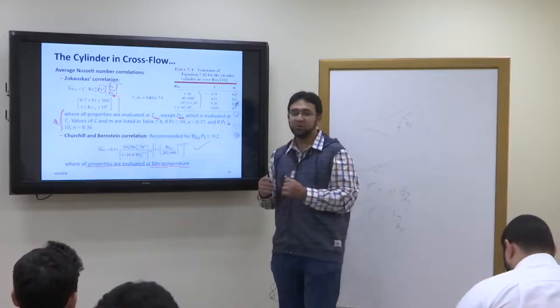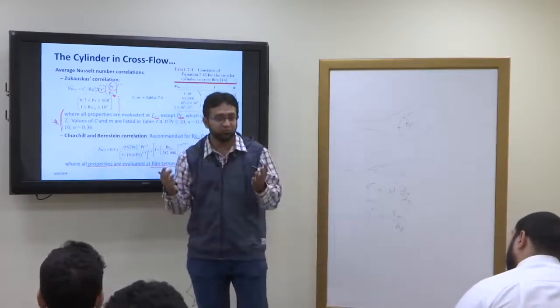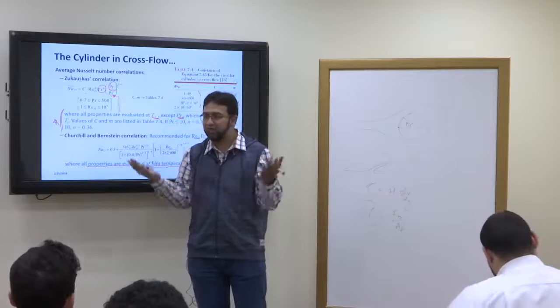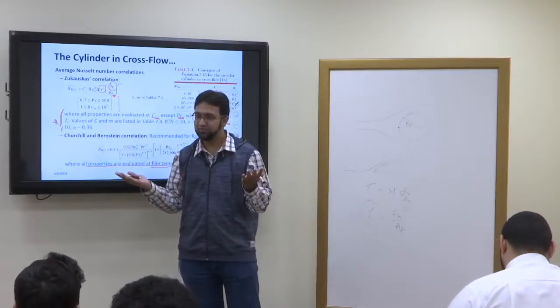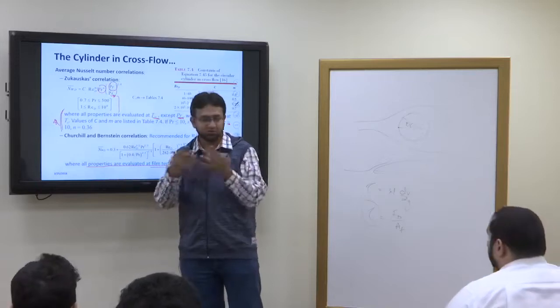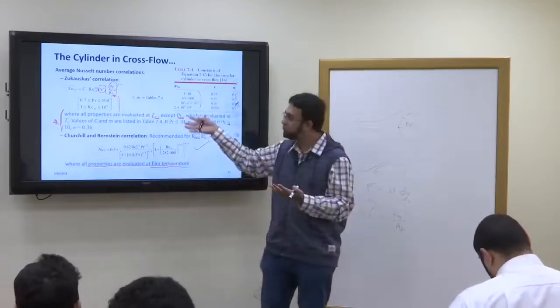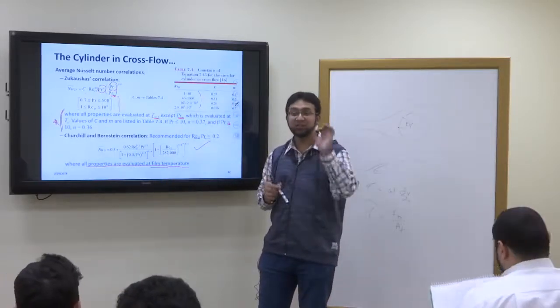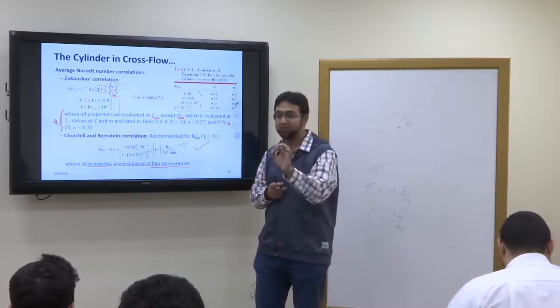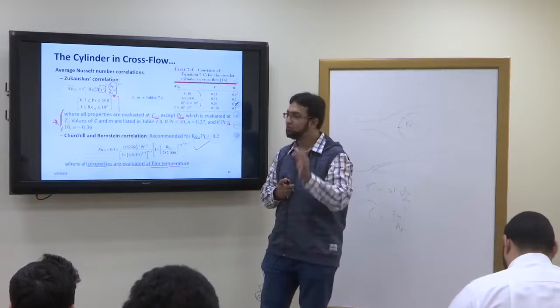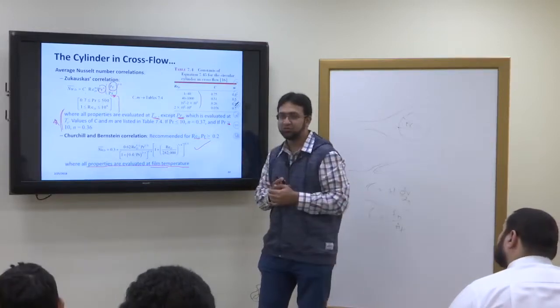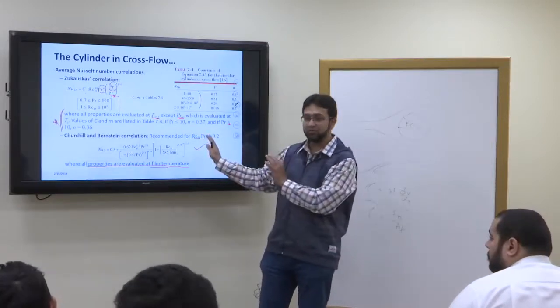If it is not specified which formula you should use, then you are free to choose. Whatever you want to choose, it's okay for us. If it is not specified, then you choose any of the three. If I specifically specify in the problem to use the Dzukauskas correlation or the Churchill and Bernstein correlation, the conditions will be there, obviously.